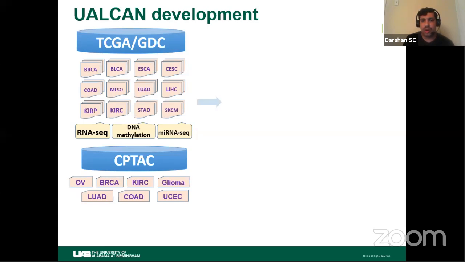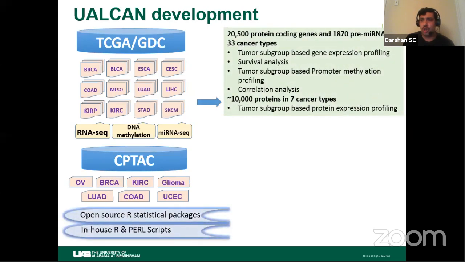All this constitutes the genomic information, gene expression, mutation information, and methylation information for approximately 20,500 genes and 1,870 microRNAs in 33 different types of cancers. You can just imagine the dimension.